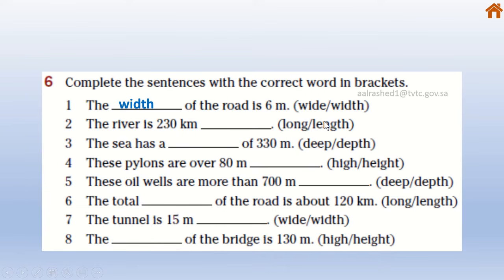One is an adjective, the other one is a noun. The correct answer is long. Why? Because the adjective describes the noun, which in this case is the river. Here we described the noun that came at the beginning. Okay? We used the word long.